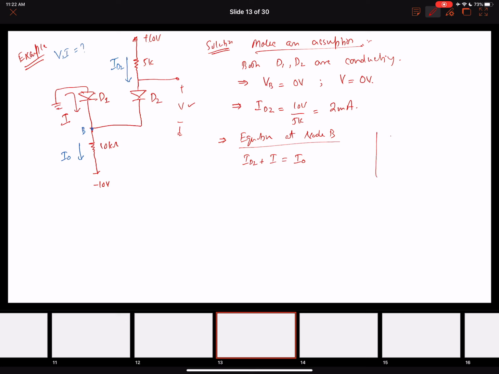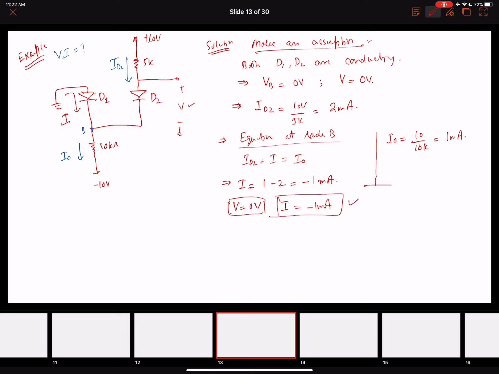So let's find the value of I naught. We have 10 volts and 10 kilo ohms, so 10 over 10 is 1 milliampere. So capital I will be 1 minus 2, which is minus 1 milliampere. This gives us both answers: my V is 0 volts and my capital I is minus 1 milliampere.